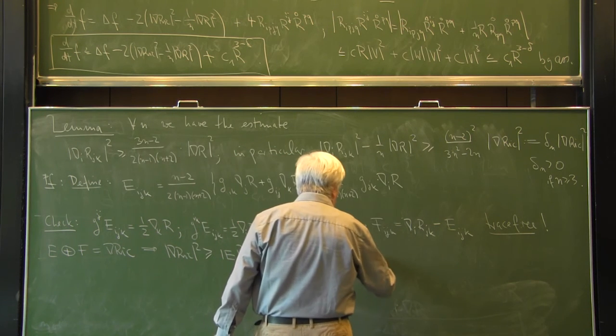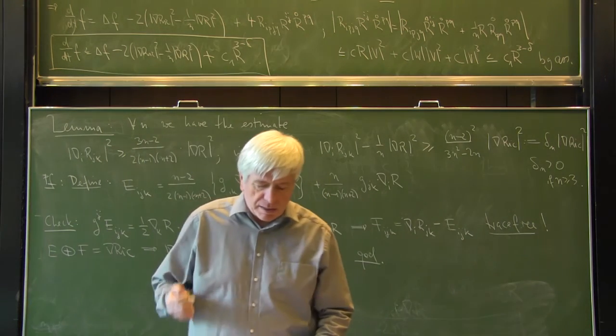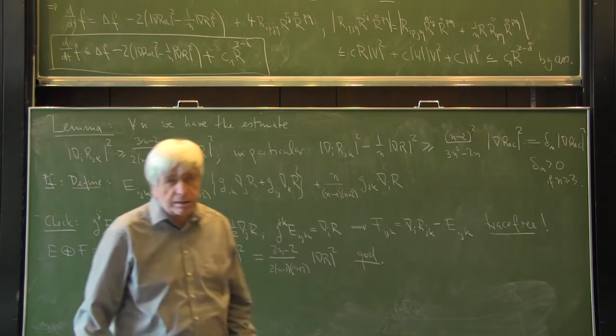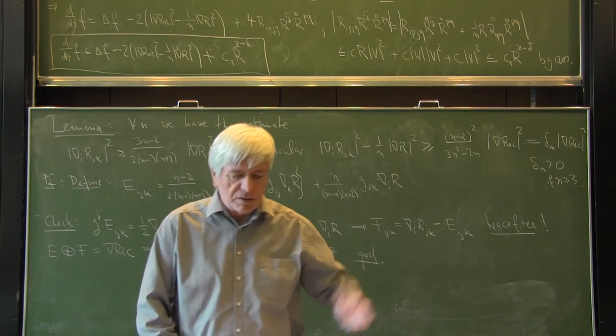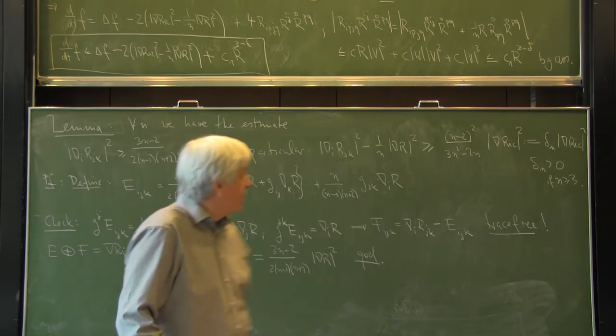And that proves the lemma. Okay. So the thing to remember is always decompose a more complicated tensor into its irreducible components, then you get better estimates than the obvious ones.